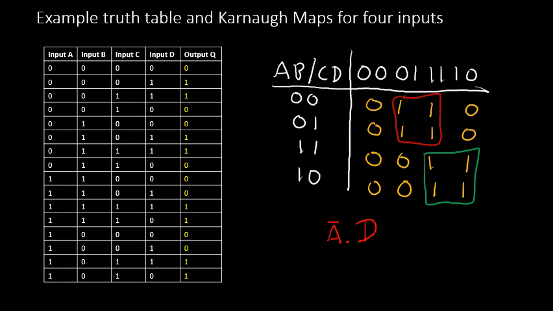So therefore, we've got A and C. And as before, we combine those separate expressions with the OR operator, and that now is our final overall Boolean expression for that truth table and Karnaugh map.